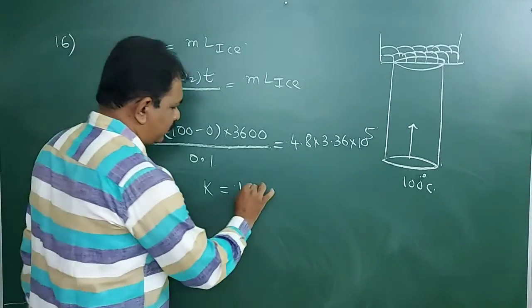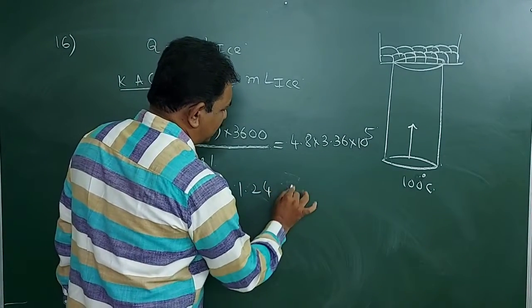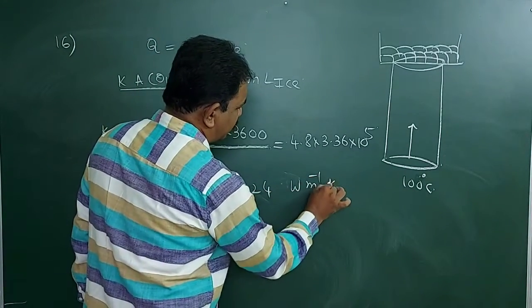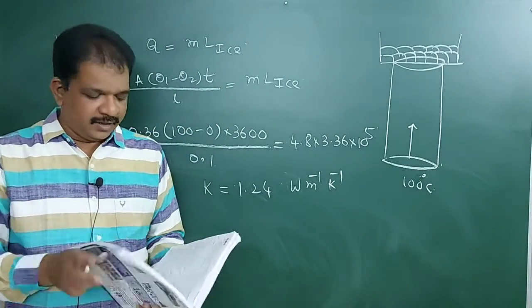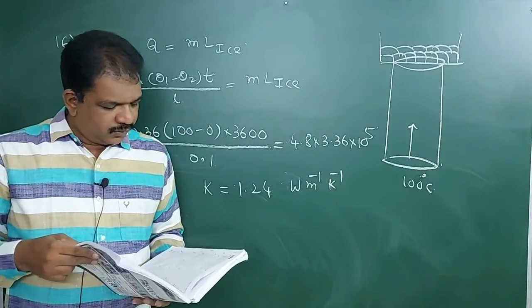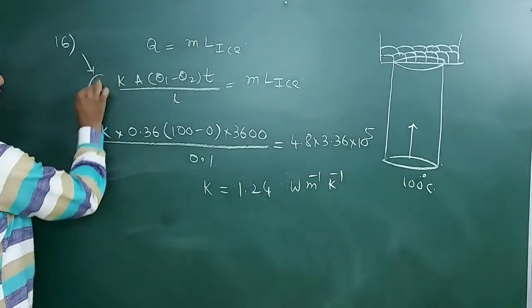The unit is joule per second per meter per Kelvin, or watt per meter per Kelvin. We can write it like that also. So 16 will be the first option.